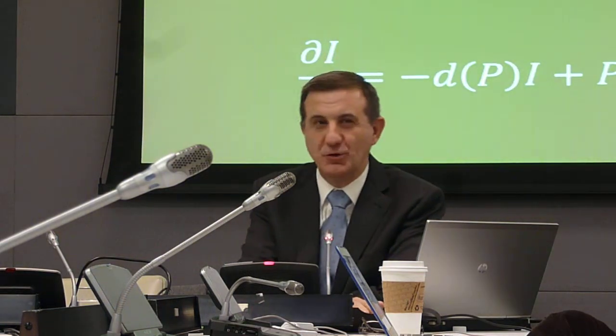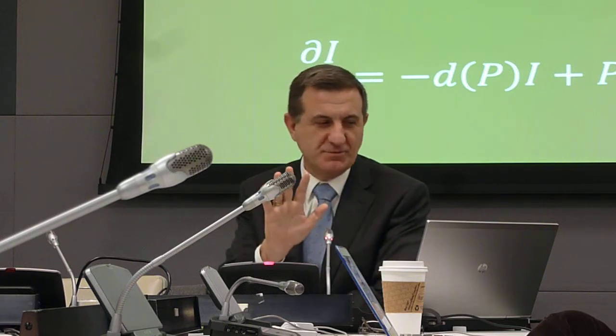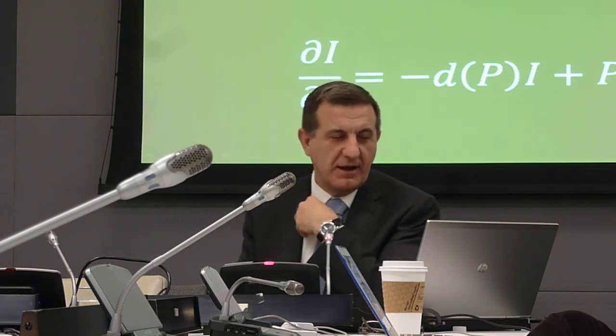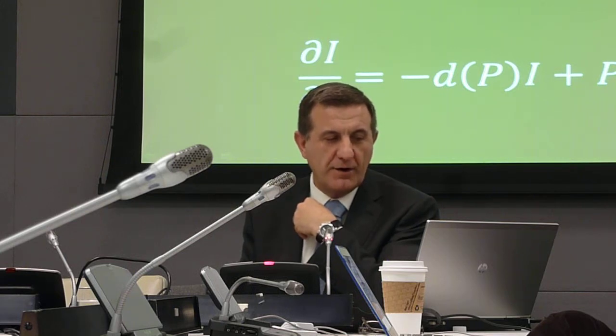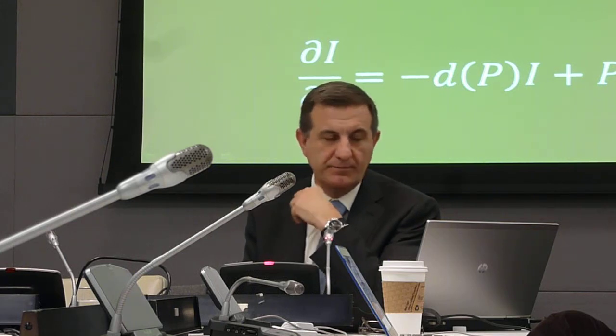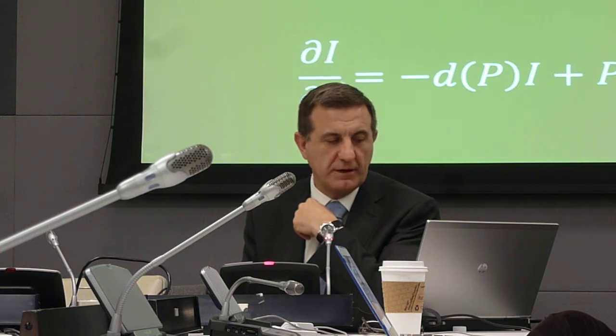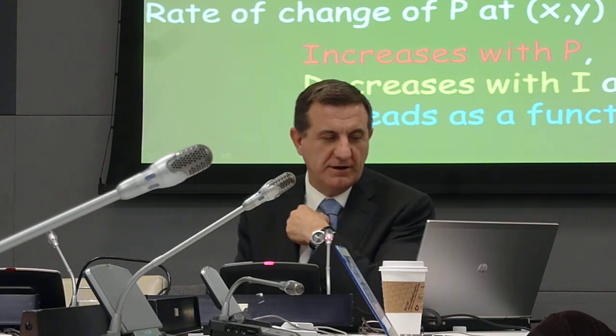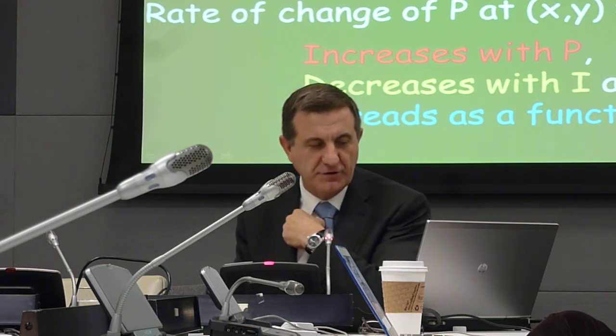Sorry for that. These are two equations, but don't look at the equation, please. We try to describe two things: the evolution of power in a point and evolution of influence in a point. Okay? Don't look at the formula, don't look at the equation, but look at the meaning of the terms.